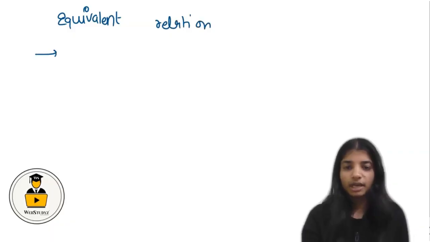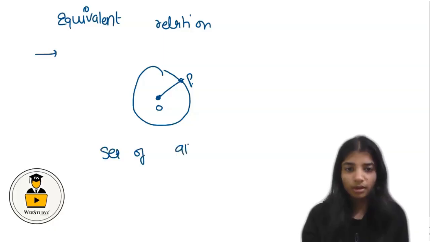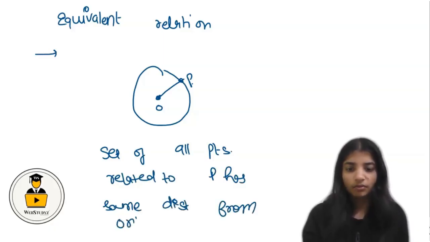Now we have to show that the set of all the points related to the point P, which is not equal to the origin, or basically the point (0, 0), is the circle passing through the point P with the origin as the center. Let's say this is our circle, this is its origin O, and this is the point P. The set of all points related to P has the same distance from the origin.